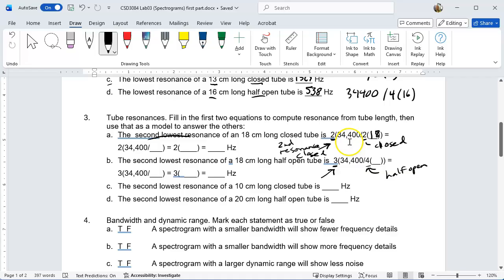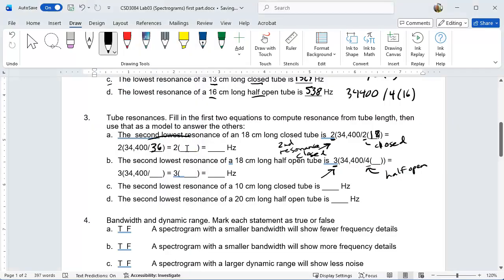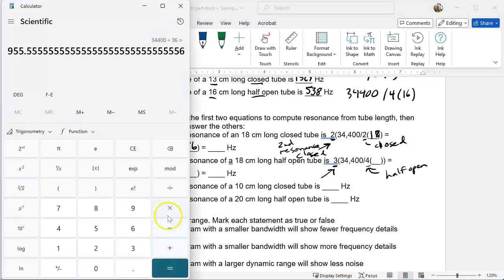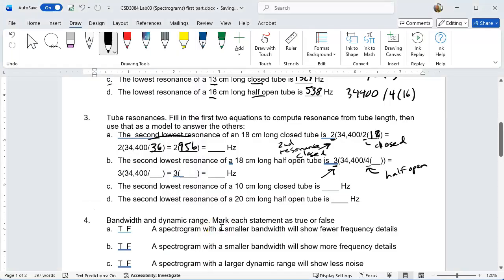All right, 2 times 18 to fill this out correctly is 36. 34,400 divided by 36 gives me 956. Had that somewhere before. 956. And then multiply that by 2 for the second resonance, and I get 1911.